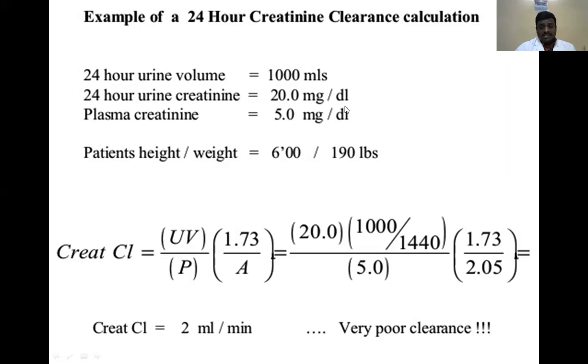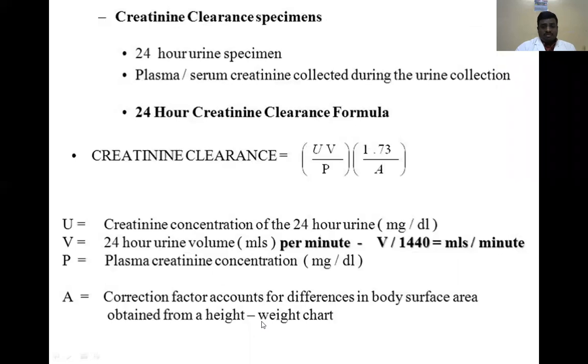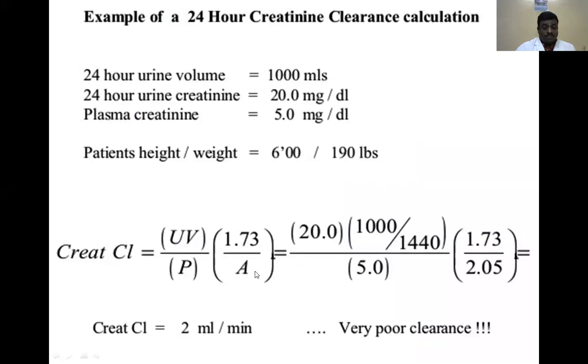The normal range is 0.6 to 1.4, but here it is 5 milligrams per deciliter in the blood, which is very high. The patient is 6 feet and 190 lbs. According to this formula, the patient gets 2 ml per minute. That is very low. So there is a problem in the kidney, very poor clearance.